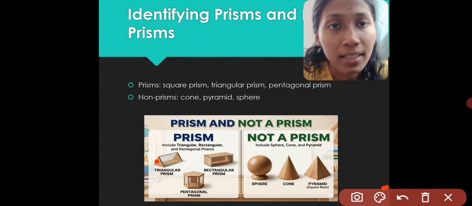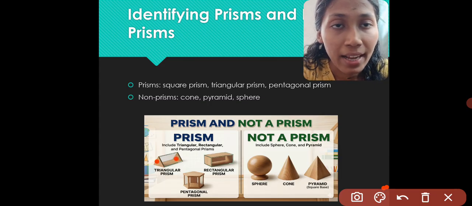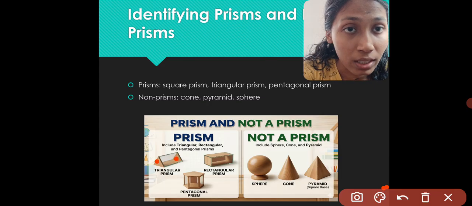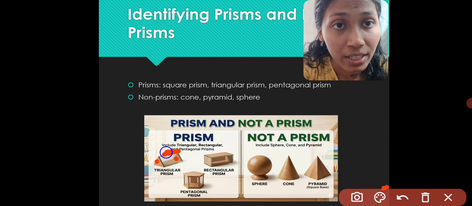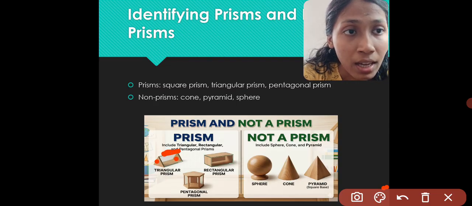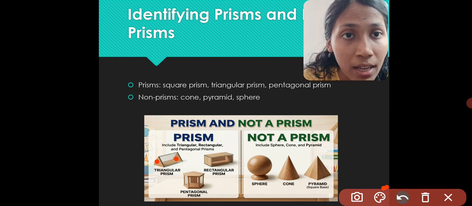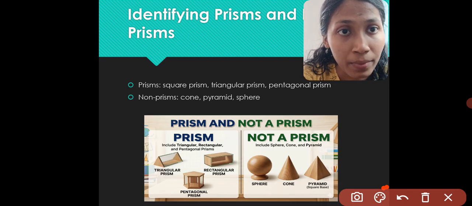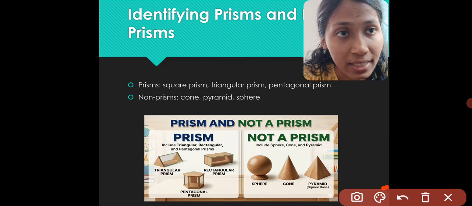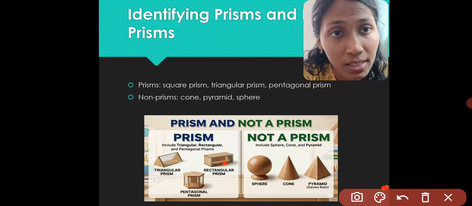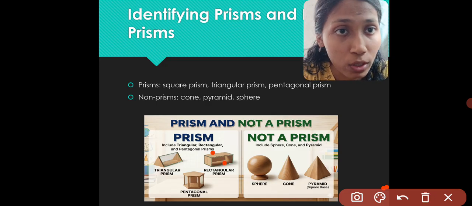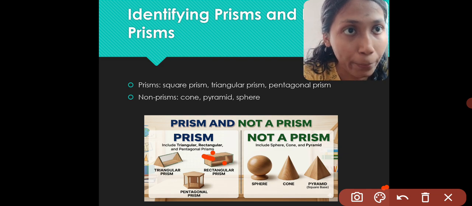Likewise, look at this square prism. This rectangular box has a rectangle, and on the opposite side we can also see a rectangle. It is connected with straight edges, so this is a prism.